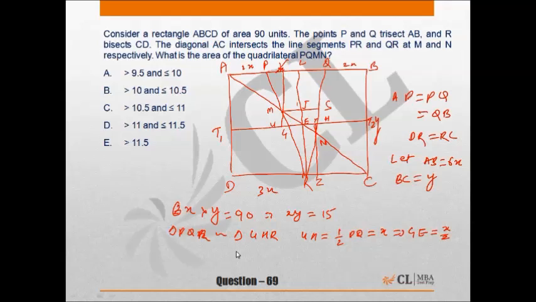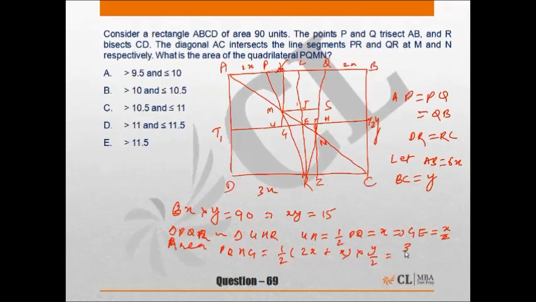Now we can compute the area of trapezium PQHG. Therefore area of trapezium PQHG is 1 by 2 sum of parallel sides PQ, which is 2x, and GH, which is x, into the perpendicular distance between them, which is y by 2.